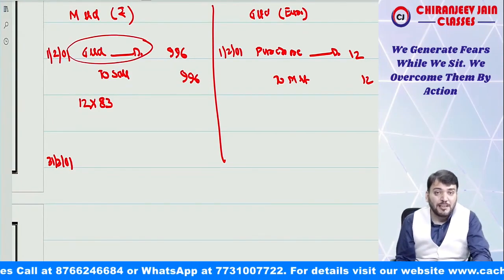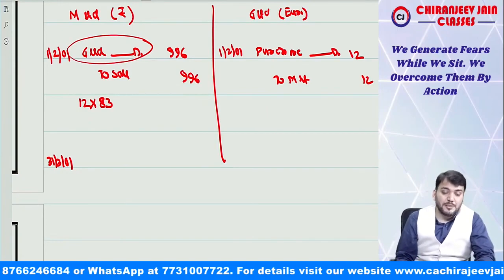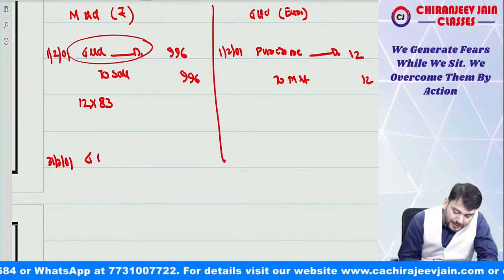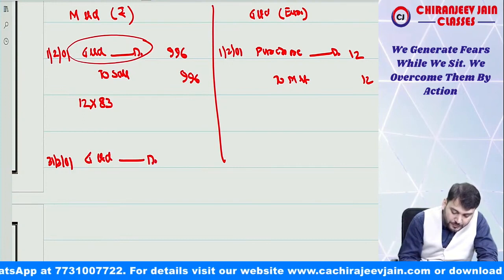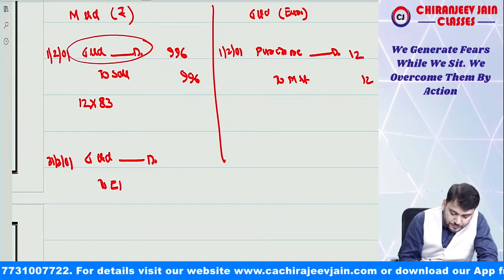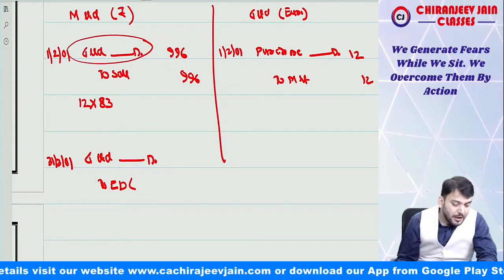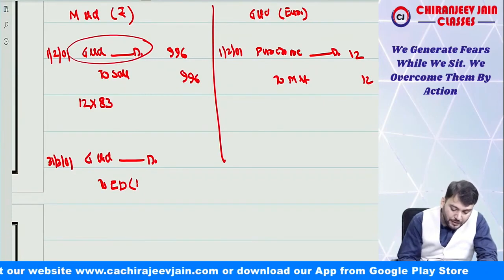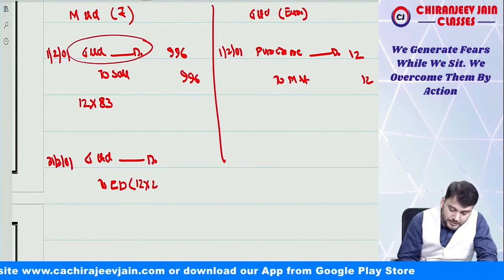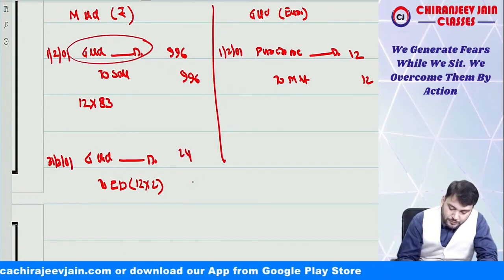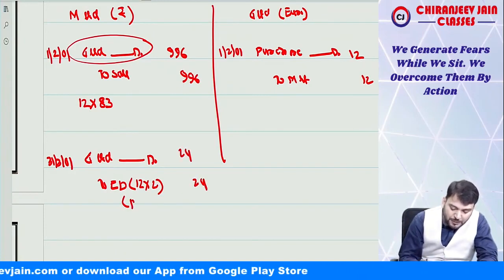This will be translated by using the closing exchange rate, and you can see it becomes 85. So G Limited account debit to exchange difference. The exchange difference will be multiplied by 2, so that becomes 24, and that will be transferred to P&L.